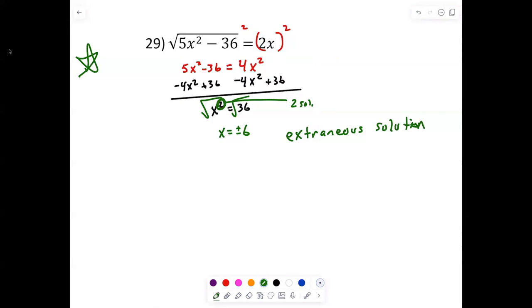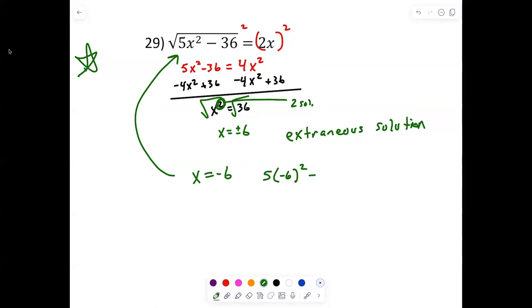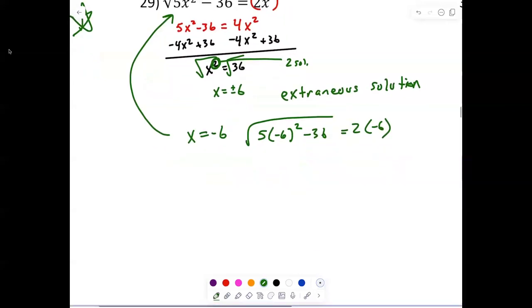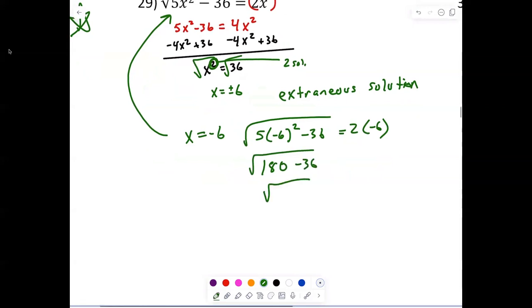All right. Now, what does that mean? Look what happens if I were to let x equal -6. Now, look, you're going to learn something and you can't daydream right now. All right. No time to daydream. You got to look up. If I let x equal -6, I'm going to plug -6 in. All right. Now, 5 times -6, you don't have to do this. Just stay with me. -6 squared is 36. 36 times 5 is 180. 180 minus 36 is 144.